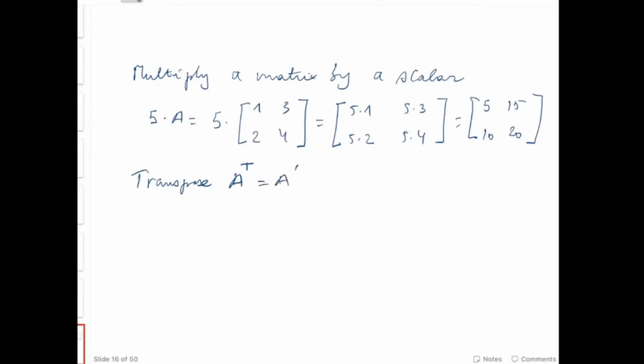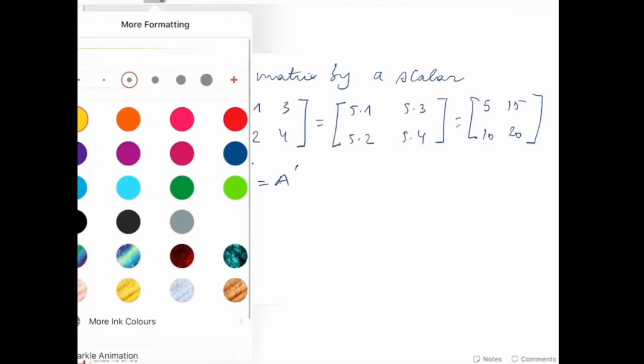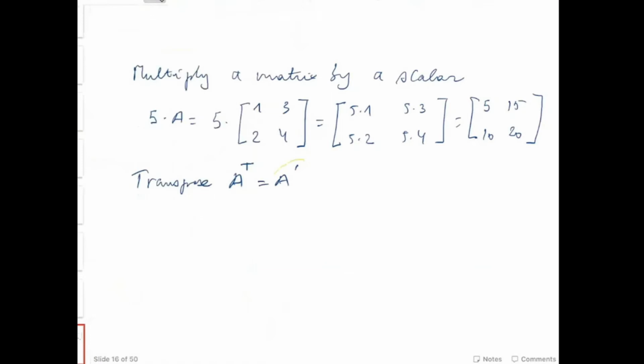And MATLAB uses the prime notation to find the transpose of the matrix. So the transpose of the matrix is a new matrix where the rows of the original matrix become the columns and the columns become the rows.